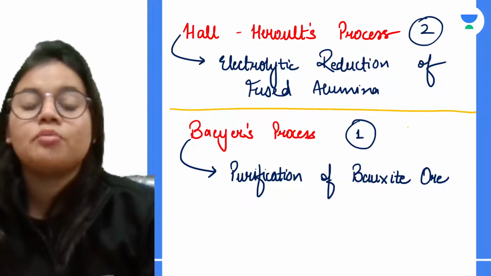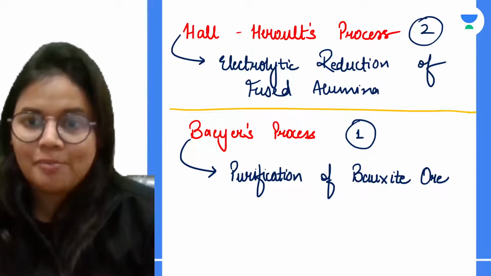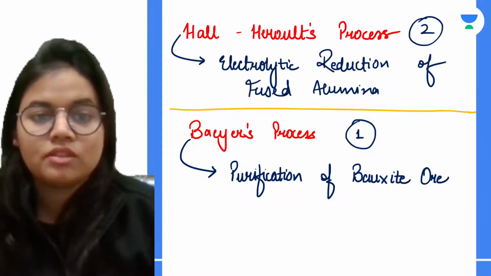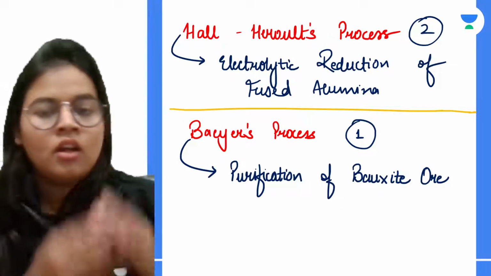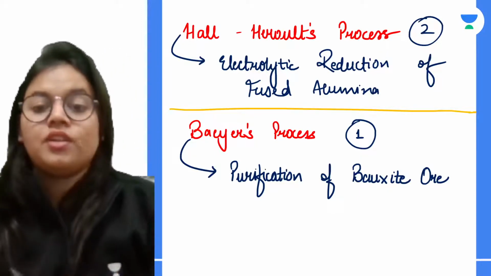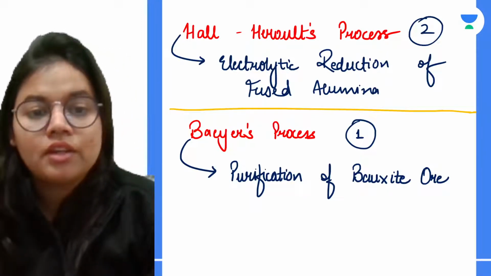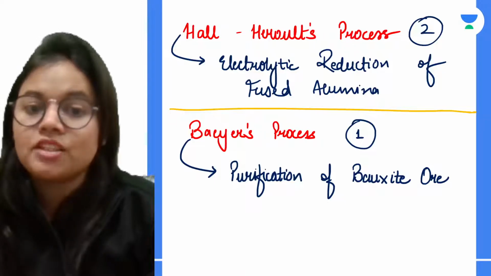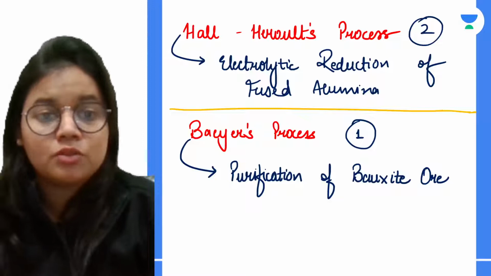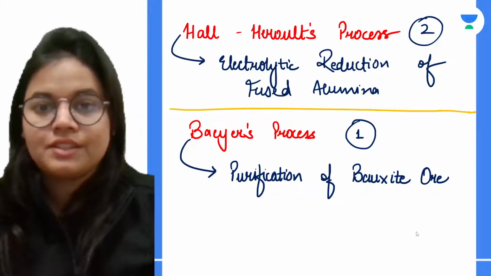So first, the purification of bauxite ore happens, and then the reduction process takes place for fused alumina. Okay, so today we will look at Bayer's process first, and if time permits, we will move on to the Hall-Heroult's process as well. Chaliye, let's get ahead.